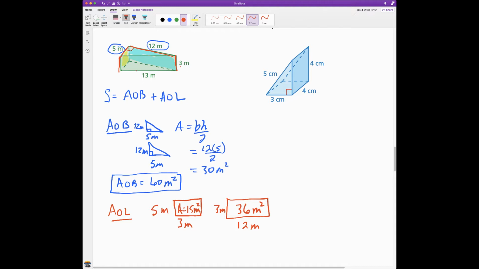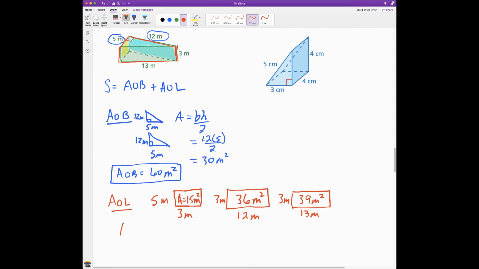And then I have one more rectangle that's in the front, which is also 3 meters by 13 meters. Notice how I label my rectangles. That just helps me to keep things organized. So this is 39 meters squared.